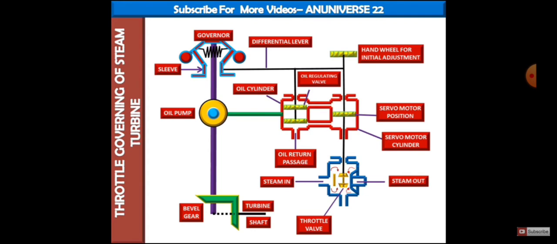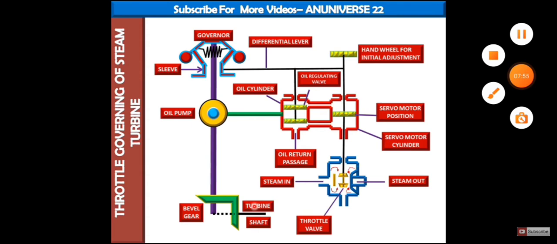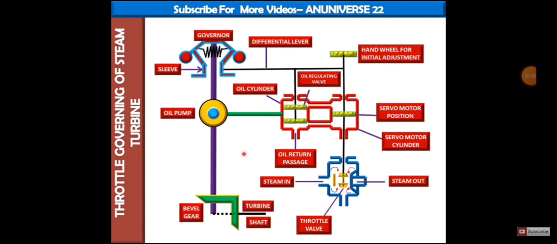I repeat it again. When load on the turbine decreases, it will rotate with high speed, fly balls expand, sleeve moves upward, differential lever moves upward, and this pilot piston moves upward, and this relay piston moves downward, and this valve becomes open for the supply of oil from the oil pump.